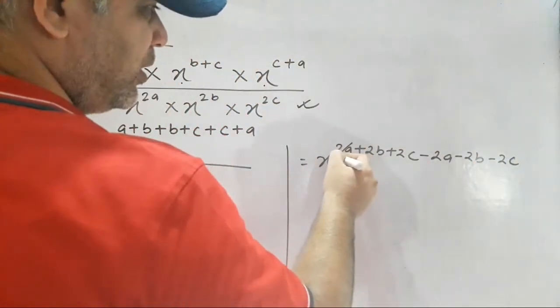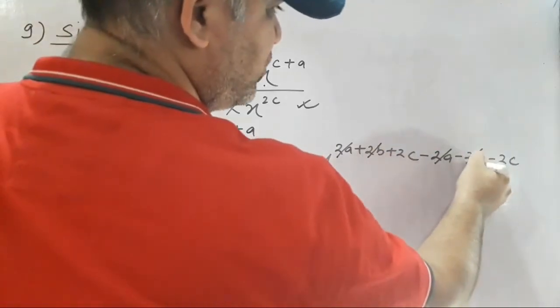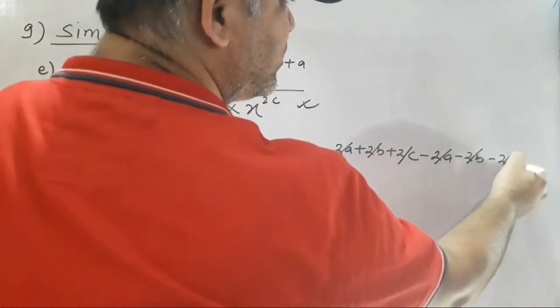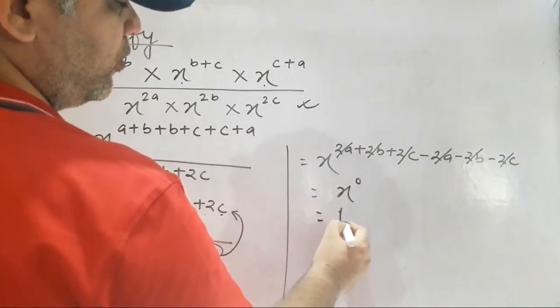Plus 2a minus 2a cancelled, plus 2b minus 2b cancelled, plus 2c minus 2c cancelled. x power 0, which is equal to 1.